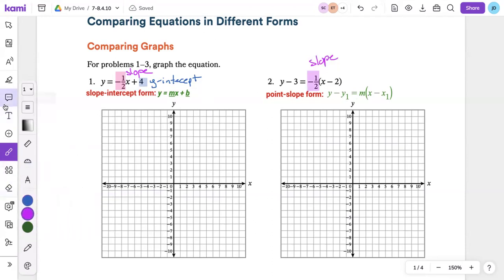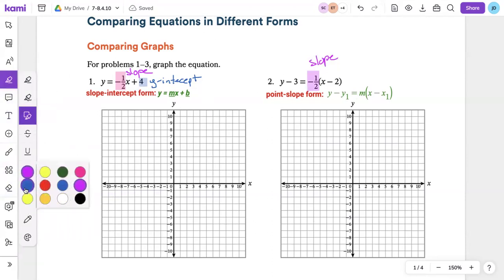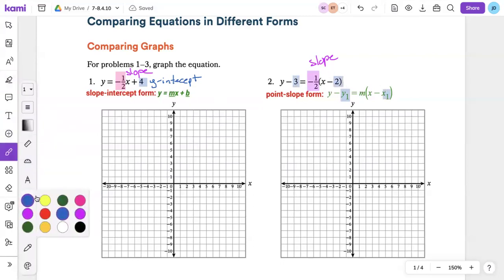And because we have that minus y1 and minus x1, because we're subtracting here, these stay positive. And so we have the point 2, 3 that we're going through. So go ahead, plot that one as well.